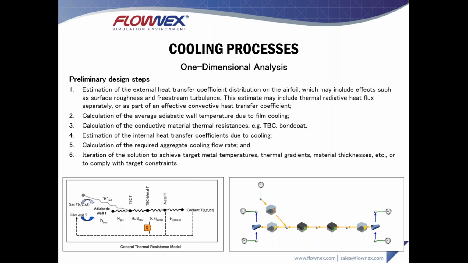We can also estimate internal heat transfer coefficients, so using correlations within Flownex, you can calculate heat transfer coefficients for internal flow. Once you have all of that, you can iterate on a solution to achieve target metal temperatures, thermal gradients, material thicknesses, etc., all to comply within your specified set of constraints when you're designing. In this case, an airfoil, or whatever your situation may be.